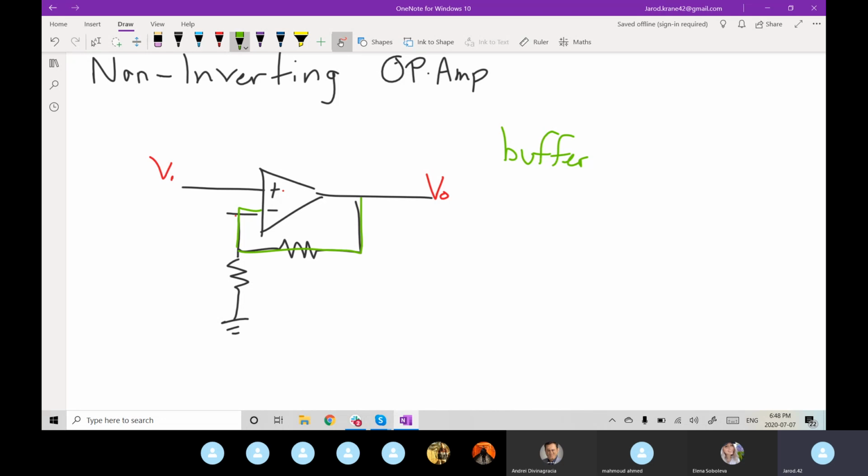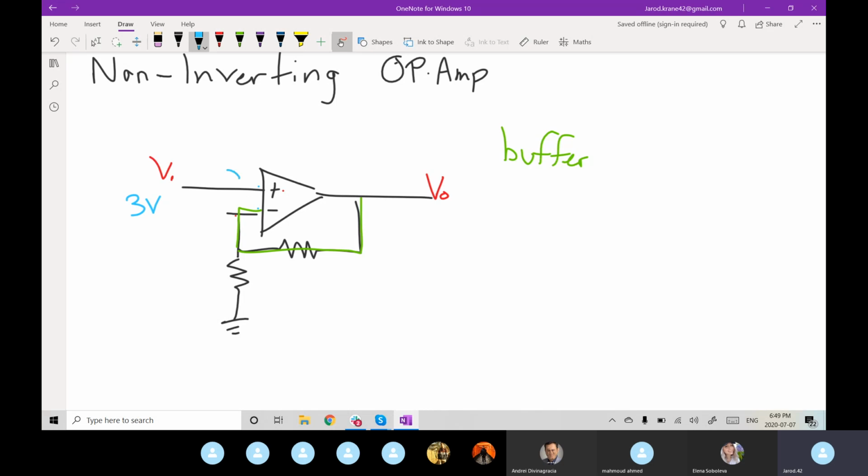And we'll see why that is. Let me start going. We'll start with the buffer setup. We are applying some voltage, 3 volts, to our non-inverting pin. By the rules, it wants to keep both its pins at the same voltage.